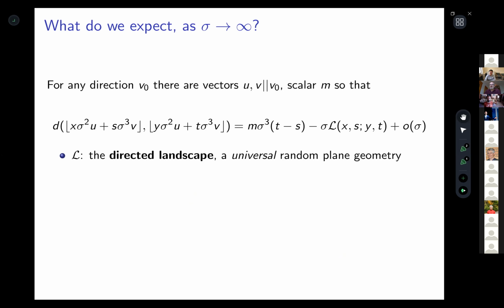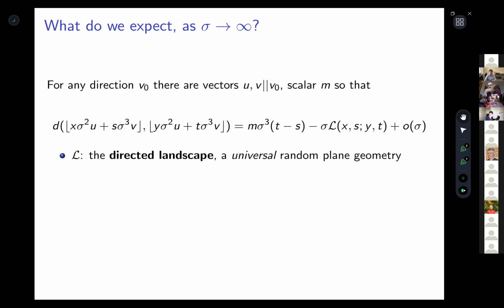So here is what we expect, based on what we discussed. You're looking at the random distance between 2 points, and you have to scale according to these parameters. I fix one direction, V0.